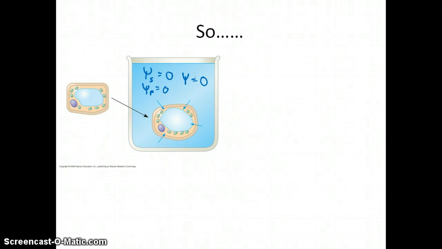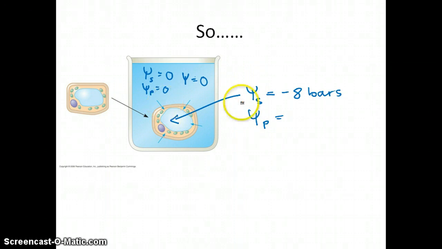Now I want us to think about this cell and the calculation that we did before. We'll keep our solute concentrations related to this particular example. So what's going on in here? On the inside of that cell, we have a solute potential of negative 8 bars from our previous calculation. And I want us to think now about what's happening with the pressure potential.